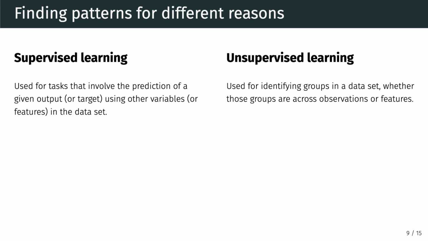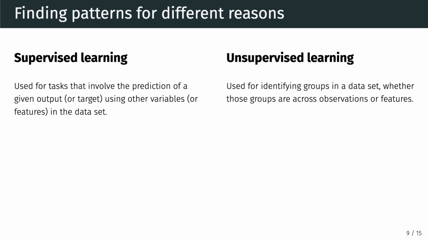Now, when we talk about finding patterns within our data, we actually find patterns for different reasons. And we can kind of group these into two large tasks. The first task is supervised learning. And we use supervised learning for the purpose of making a prediction on what we would call a certain output, right?